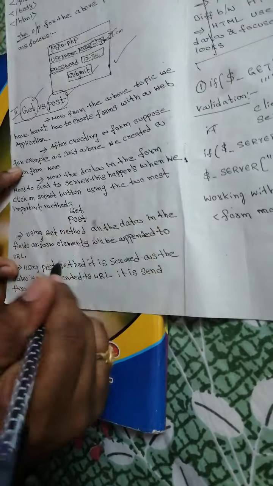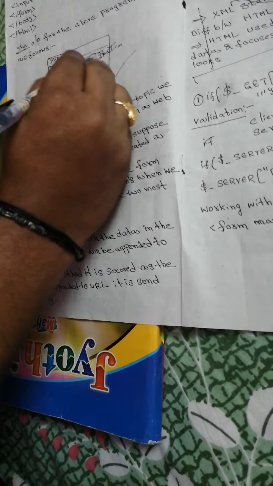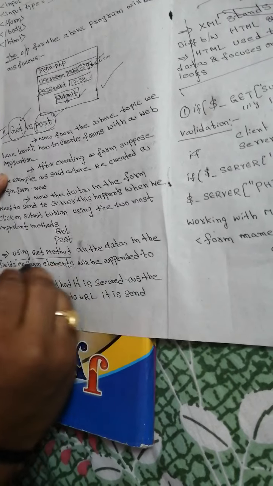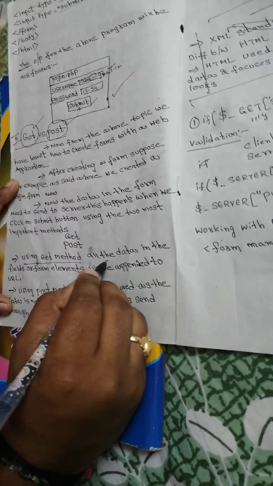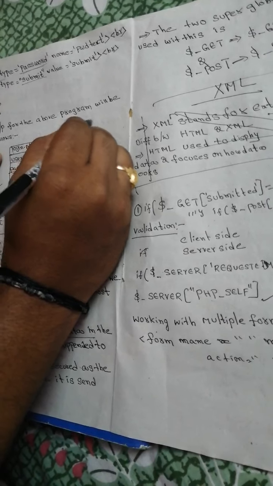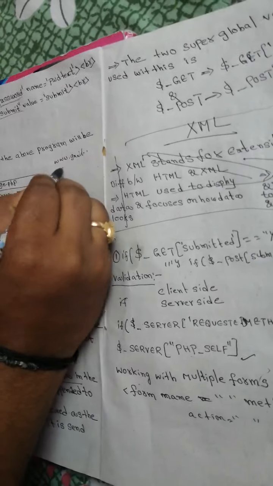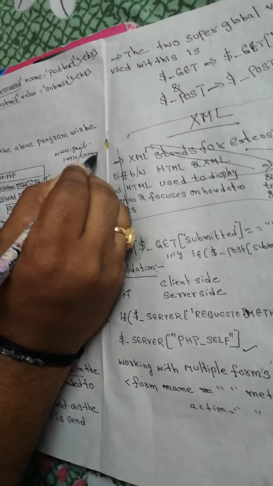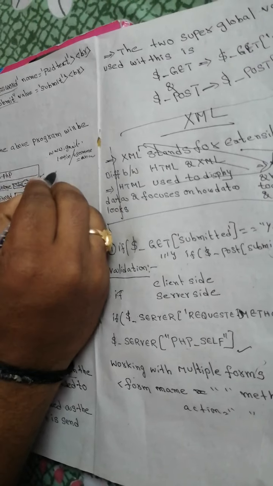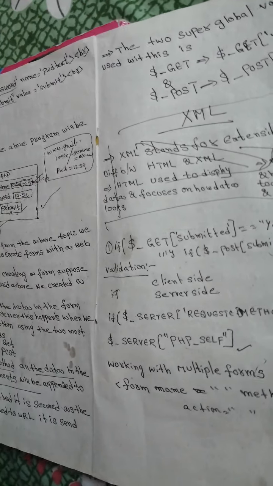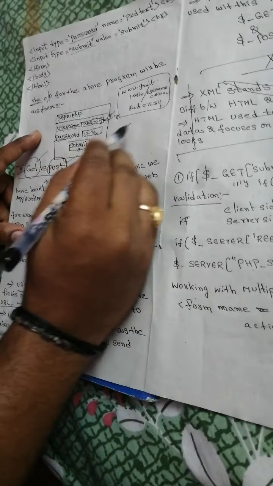Using the get method, whatever data we enter in the form, abc@gmail.com and the password 1234, all the data will be appended to the URL. That means when I click on this submit button, the URL will come as www.gmail.login, with username equals to abc@gmail.com and password equals to 1234 within the URL of that website.